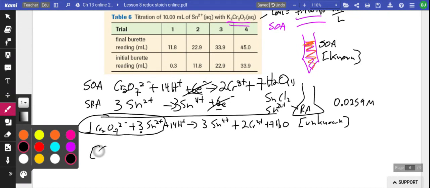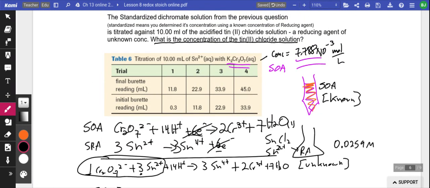Okay, so now we're looking for the concentration of tin 2 plus. Start with the volume and concentration that we know. So we have the concentration of the strong oxidizing agent, and we have its volume from the table because we're titrating with dichromate. So these are all the volumes of dichromate from here. So our first one started at 11.8 and finished at 0.3.